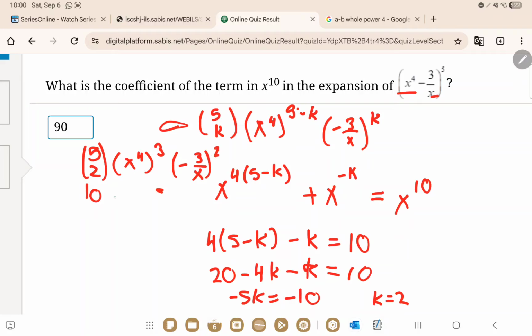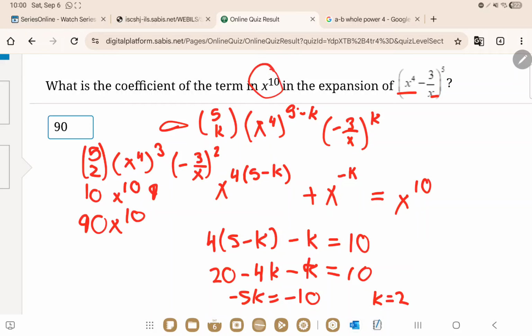So 10 times x to the power of 12 times minus 3 squared, which is 9, over x squared. Now x^12 over x^2, you remove this x^2 and this becomes x^10. So 10 times 9 is 90, x to the power of 10.